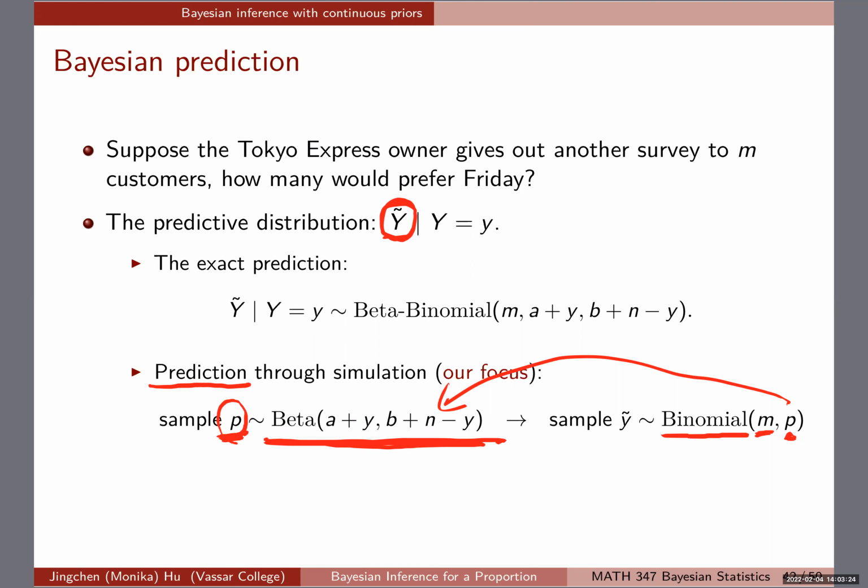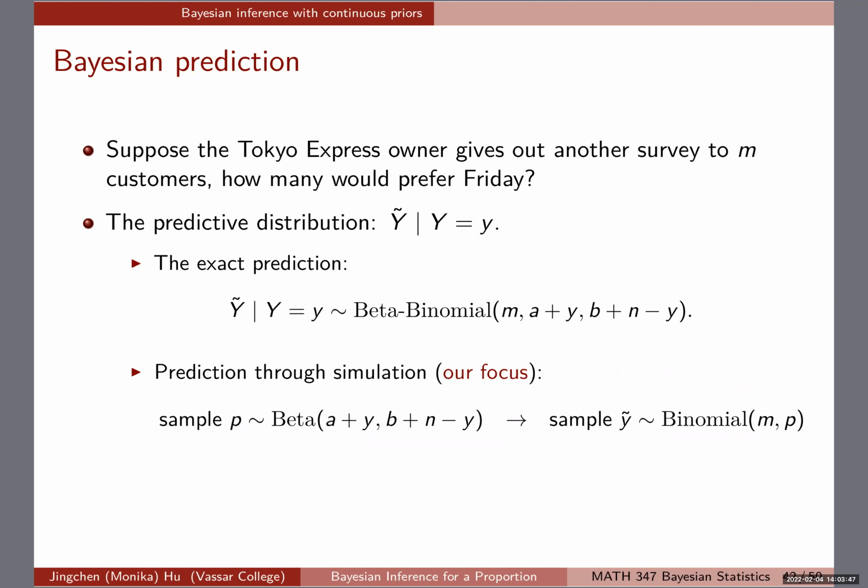That's rbinom. We're going to see the sample code coming up. But specifically, remember, the survey now is sent to m people, so just be careful. We're setting the total number of trials as m, and the p value that we're working with is from the previous step of the sampling. So you're going to see again and again, like I said, throughout, that the Bayesian prediction is kind of straightforward.